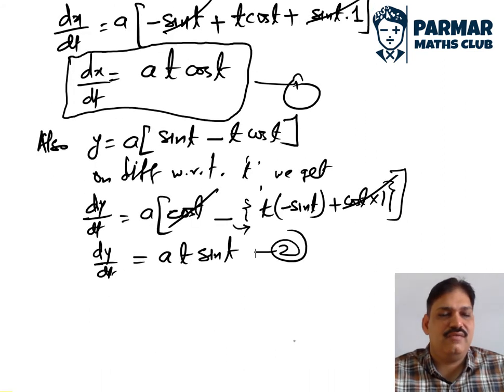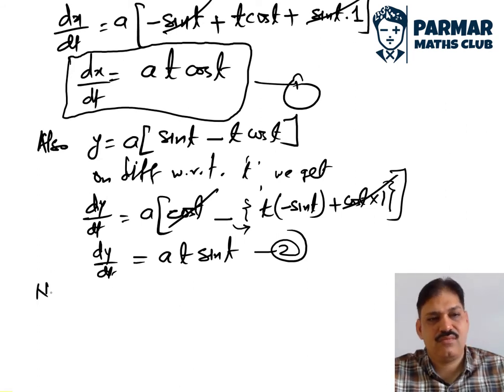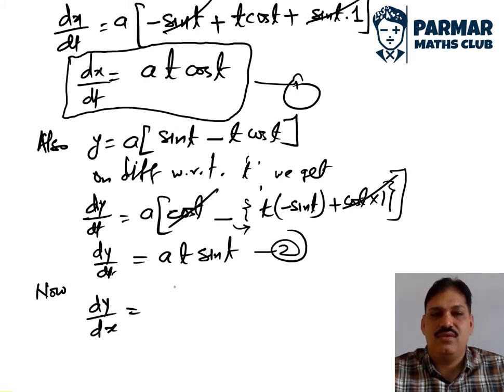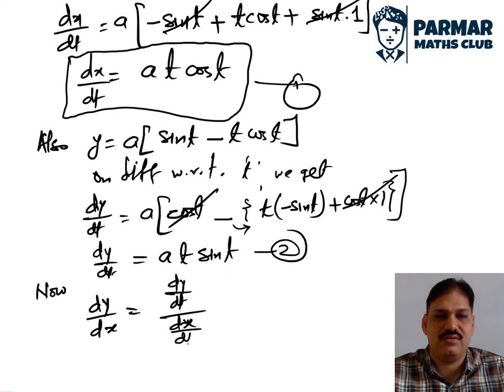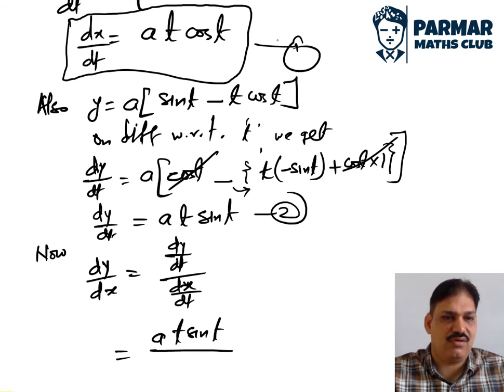Now we need the derivative of y with respect to x first. The derivative of y with respect to x is equal to the derivative of y with respect to t divided by the derivative of x with respect to t, that is equation 2 upon 1. So we have dy by dt as a times t sin t, and dx by dt as a t cos t.